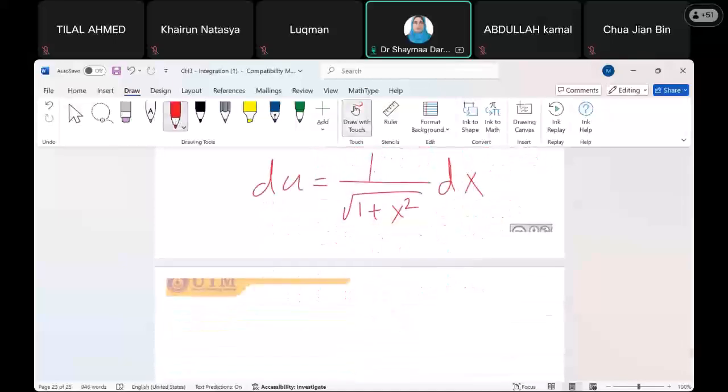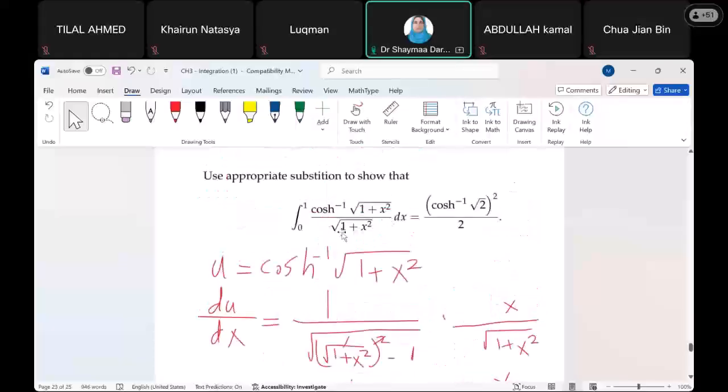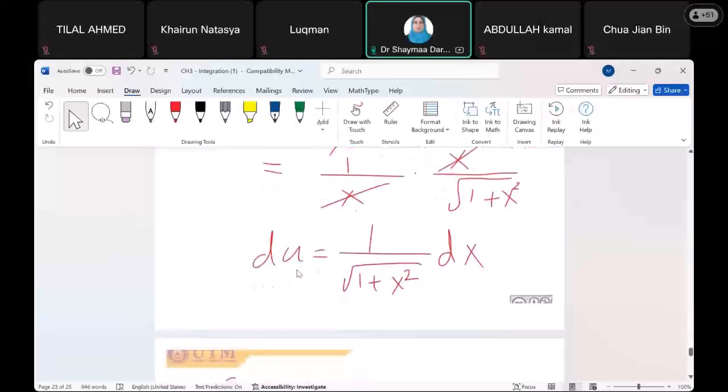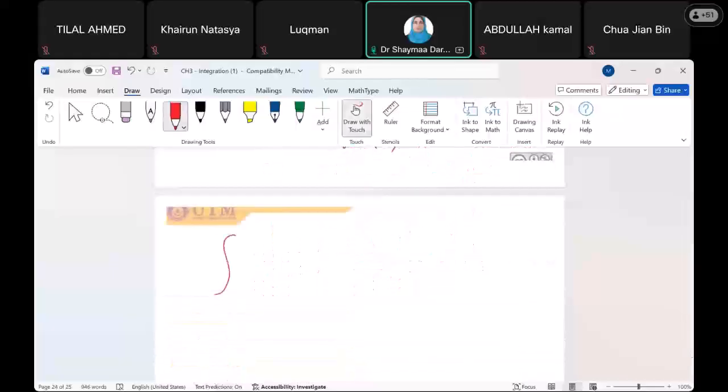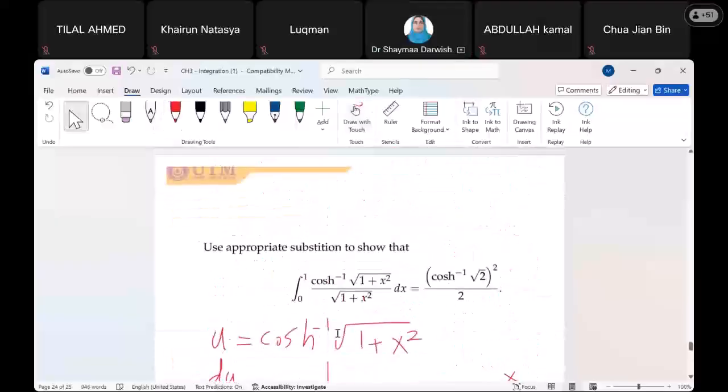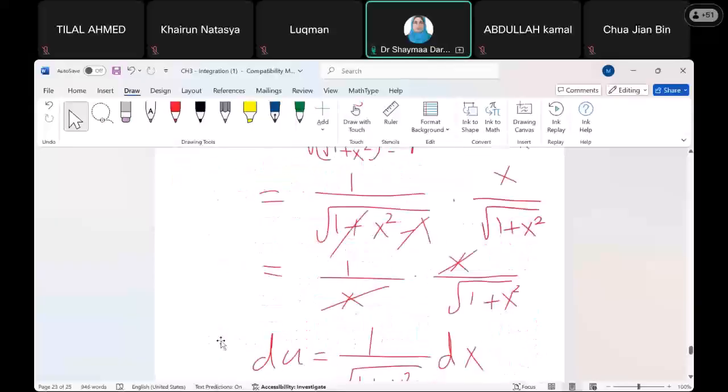Now I need to convert my integration: 1 over square root 1 plus x squared dx will be replaced by du. Cosh inverse of the square root of 1 plus x squared will all be replaced by u.